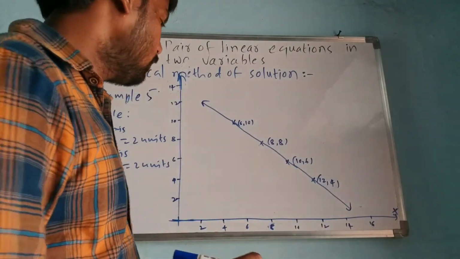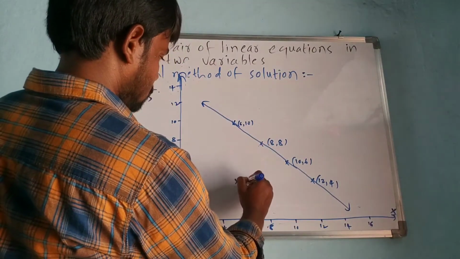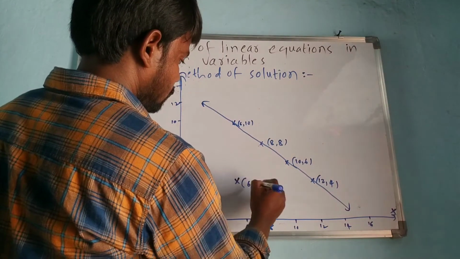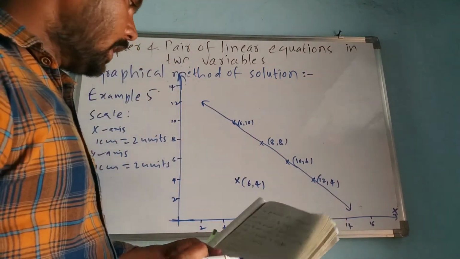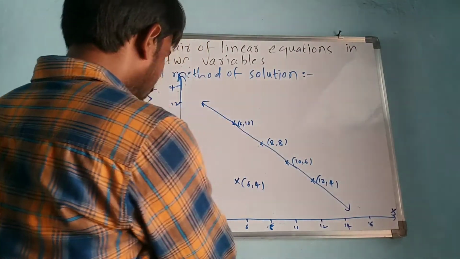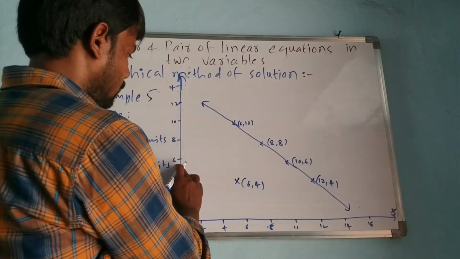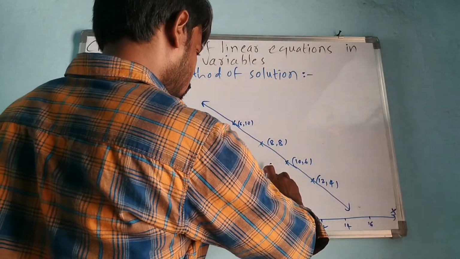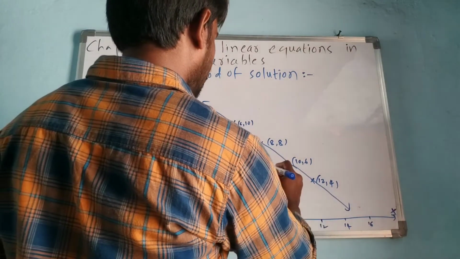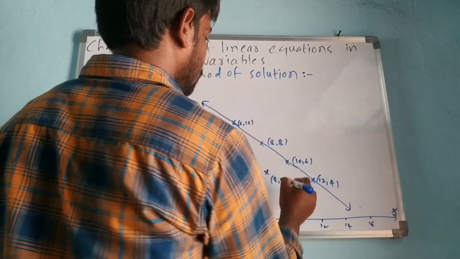So 6 comma 4 is here. And the next is 8 comma 5. So 8 is here, and 5 is in the middle of 6 and 4. So this is 8 comma 5.